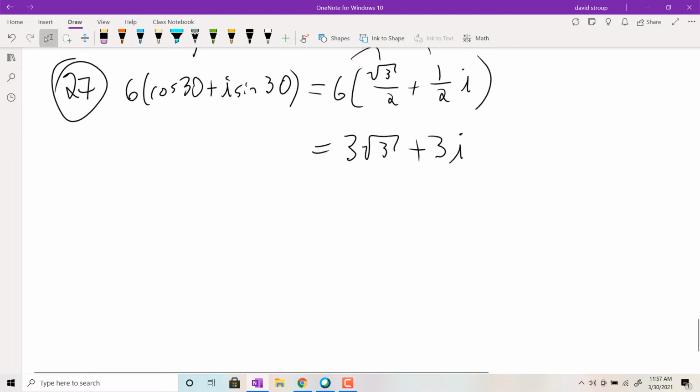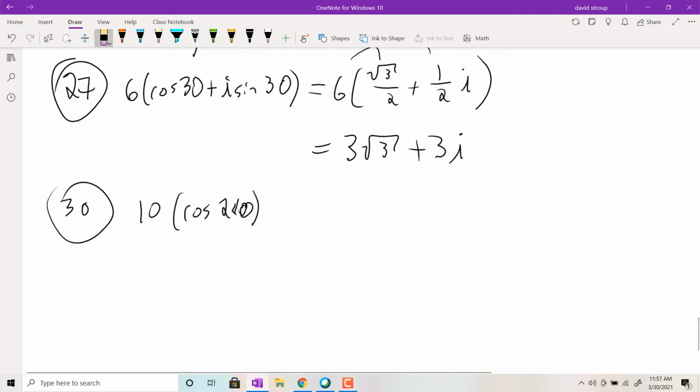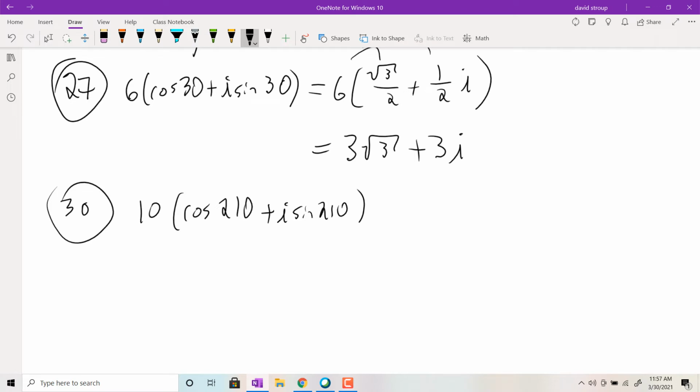All right, let's look at one more of those, just in case there's anything weird we have to worry about. 10 times cosine of 210 degrees plus I sine of 210. Where is 210? That's down here in this quadrant.